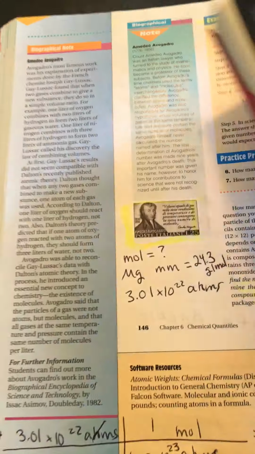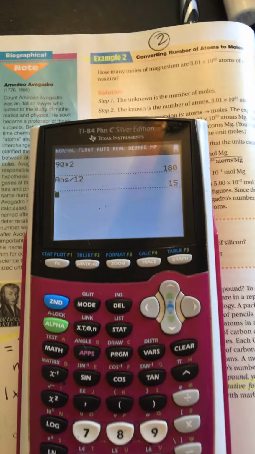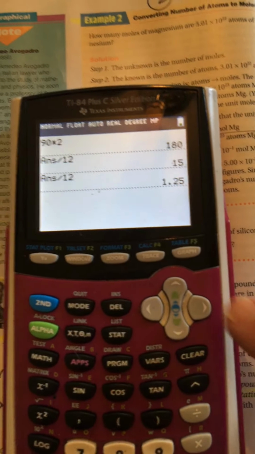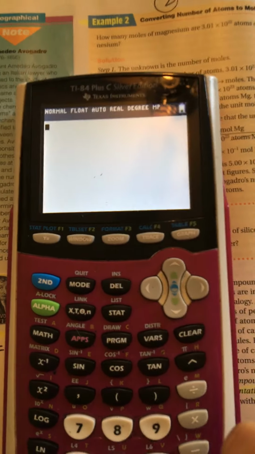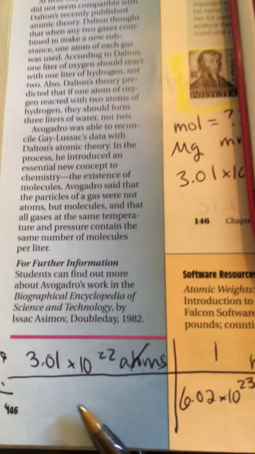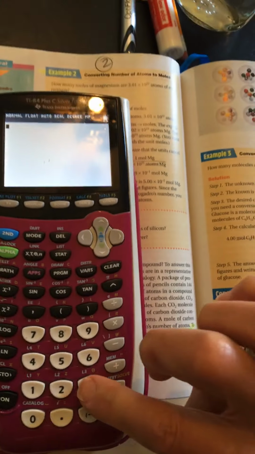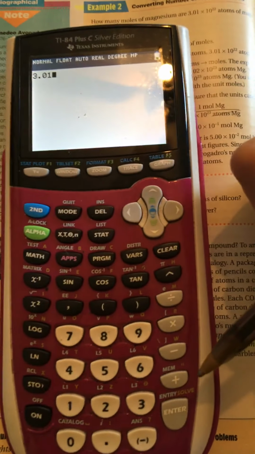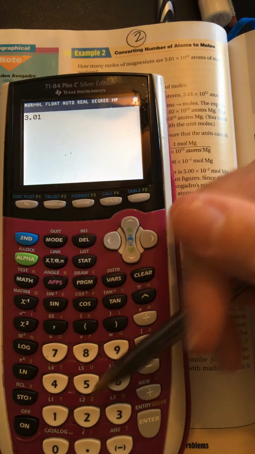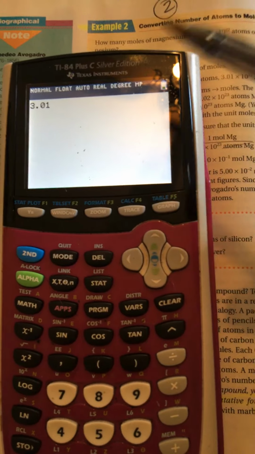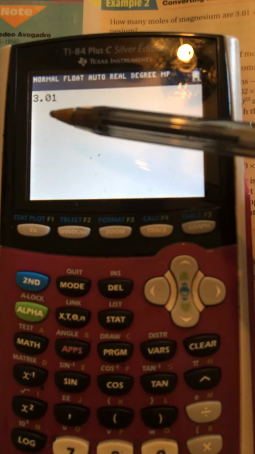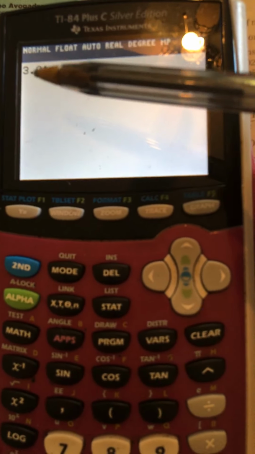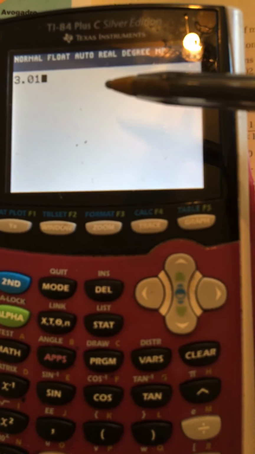So let's show how to do these on our calculator, okay? So I'm going to clear out what's in there so it looks nice, and I'm going to put this number into my calculator. This is how you do it, 3.01, and now you do not hit times 10 up arrow. The reason why is your calculator will think that's 2 numbers instead of 1.